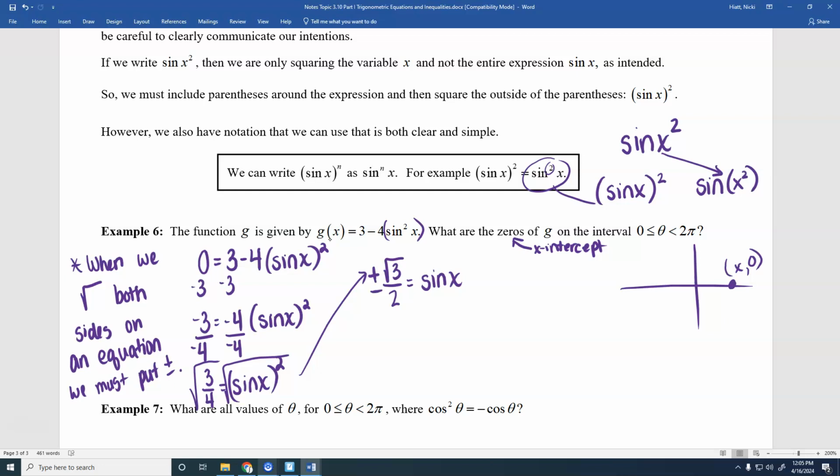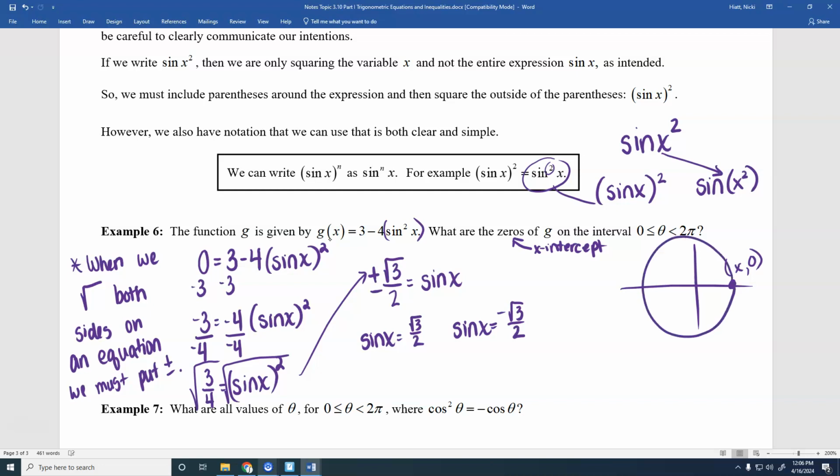So this is really two separate things. We're looking for where sine of x equals positive square root of 3 over 2, or we're looking for where sine of x equals negative square root of 3 over 2. It can be either one. So we'll be using our unit circle a lot, just like we were yesterday.